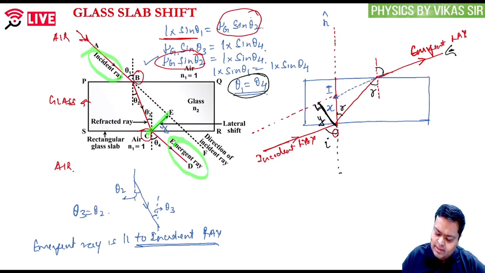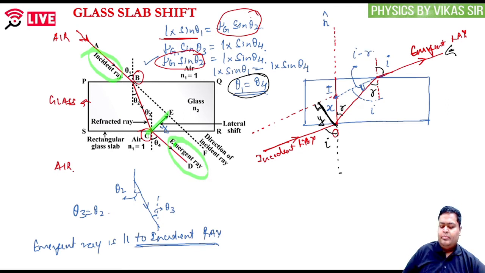Now suppose I am writing this as angle I over here. In that case I can see that this whole angle is angle I. So this angle becomes equal to angle I minus angle R. And from this particular triangle, let me now name this triangle. I label this interface point as A. This is A, and so this becomes OA, and this ray of light is OA.